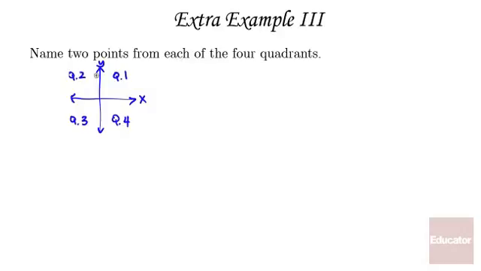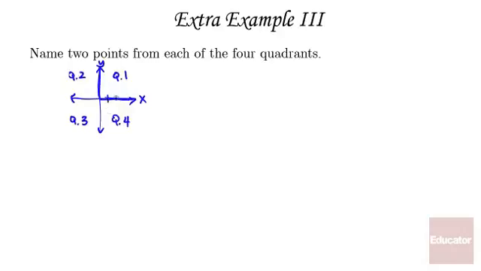So quadrant 1, if you look here, all of the points that have this as my x and this as my y, right? Any points that pair up with this part of my x and this part of my y are going to be in quadrant 1, right?